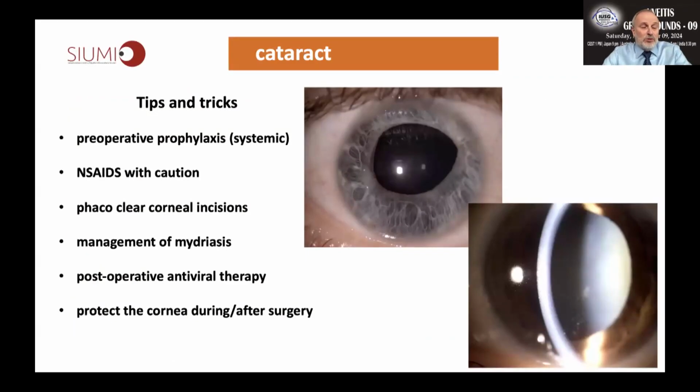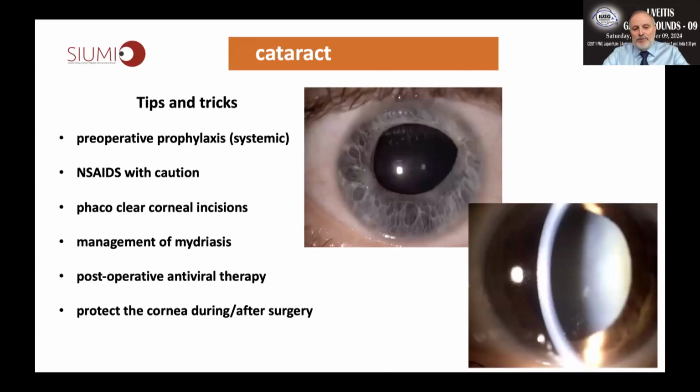You can use non-steroidal anti-inflammatory drugs, for instance, if you want to prevent the occurrence of macular edema, but with great caution, because it has been demonstrated that non-steroidal anti-inflammatory drugs, like prostaglandins, can favor the occurrence of herpetic superficial disease.